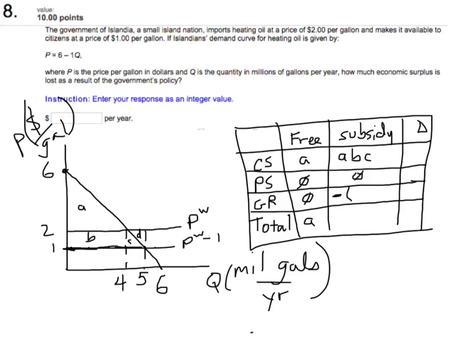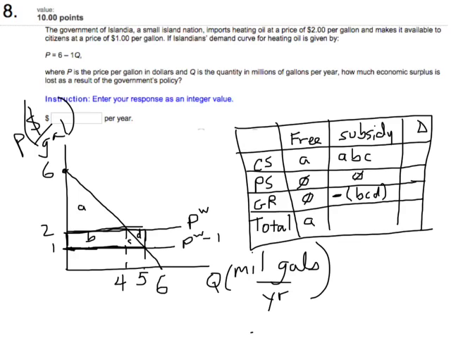But when the government's got to spend money on a program, we count it as a negative because the government's going to have to tax people elsewhere in the economy to raise the funds to run this program. And they're going to pay $1 a gallon for 5 million gallons. 1 times 5 is this area BCD, and it enters in as a negative BCD.